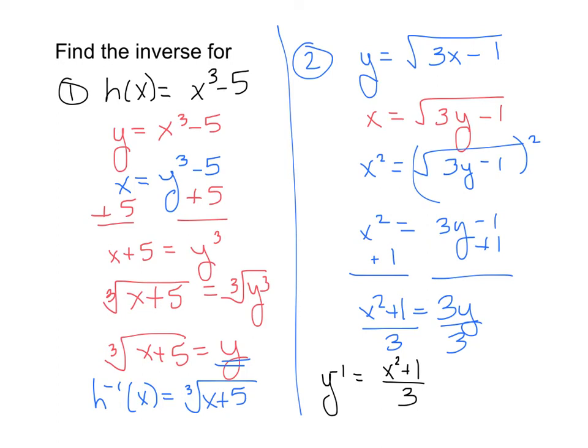And one of the things that we can talk about is the domain and the range for y. If we look at the domain, my claim is that it should be from 1/3 to infinity, because when x is 1/3, we have 3 times 1/3, which is 1. We'd subtract 1, we get 0.